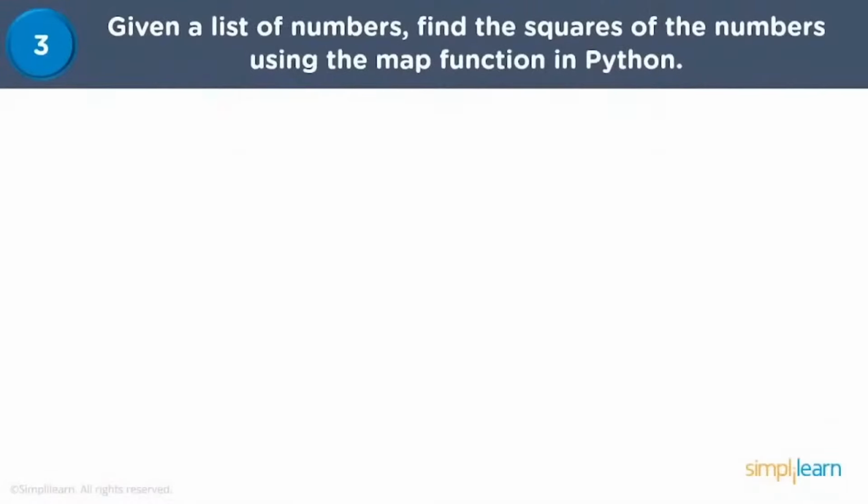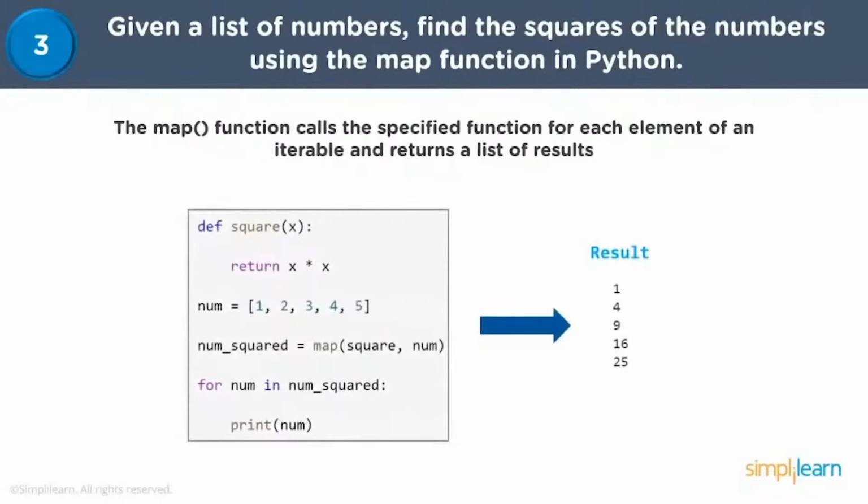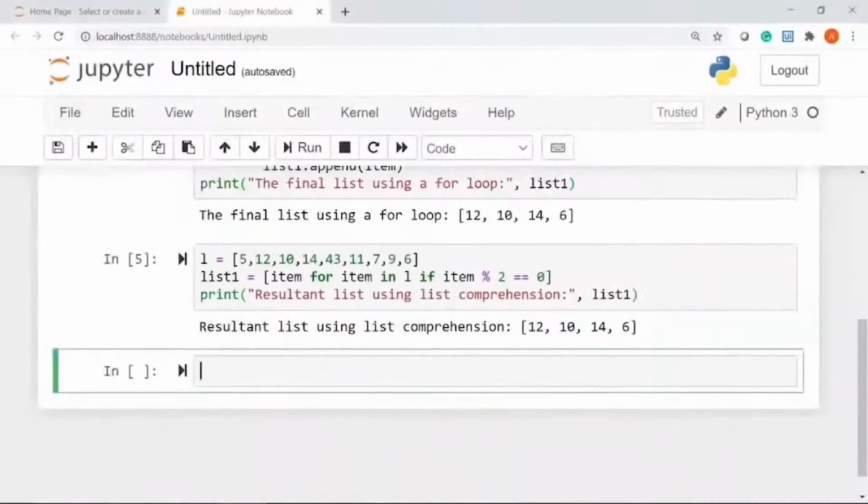Our third question is, given a list of numbers, find the squares of the numbers using the map function in Python. Now the map function calls the specified function for each element of an iterable and returns a result. So let me show you an example to find the squares of a list of numbers using the map function. Okay, so let's first define a function called square.